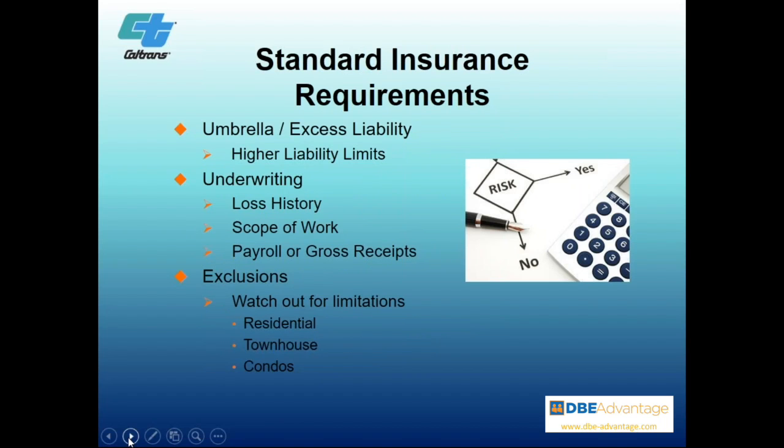There are more. There's an umbrella, excess liability. Higher liability limits can often be associated with this, but the umbrella just covers a broad range of those various types of insurance requirements and standards.